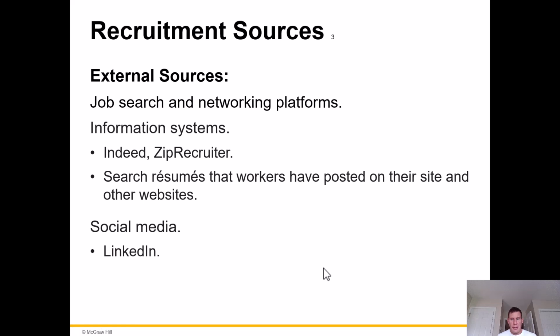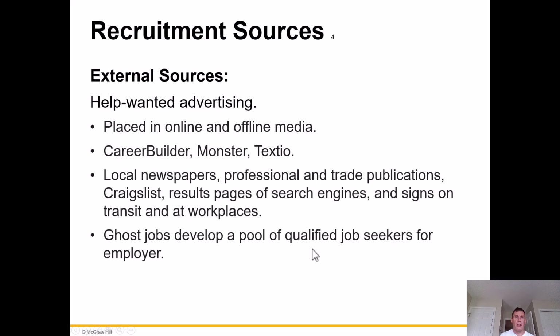Now, some other things that companies can use: job search and networking platforms, Indeed.com, Monster.com, ZipRecruiter. These sites will search resumes that workers have posted, maybe for keywords to help companies identify suitably qualified applicants. Social media such as LinkedIn, of course.